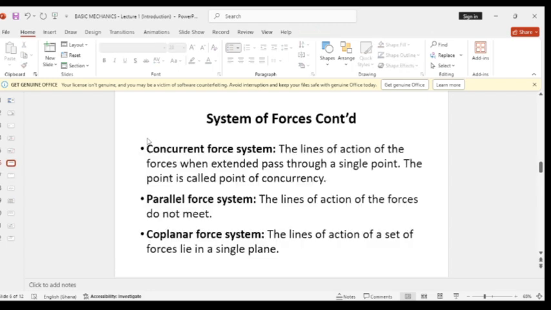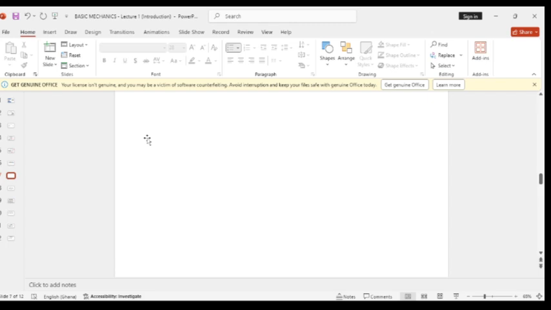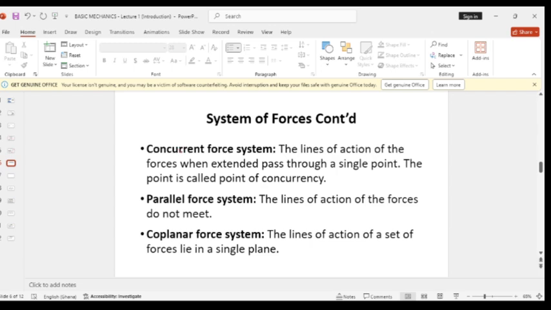All right, so concurrent force system. Let me get this diagram here. It says the line of action when extended passes through a single point.